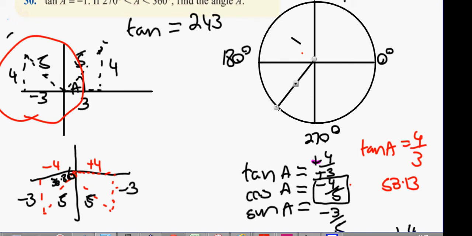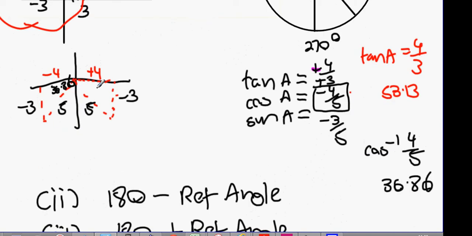And now our angle is going from here all the way around to the other side. It's going to be an angle between 270 and 360. Now, where does this come from? We're looking at our sine, cos and tan again. What is sine A, cos A and tan A this time around?